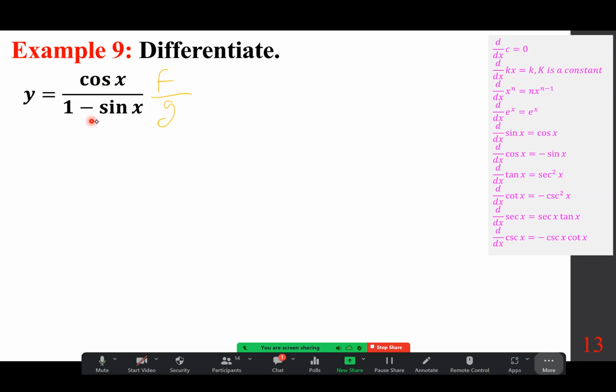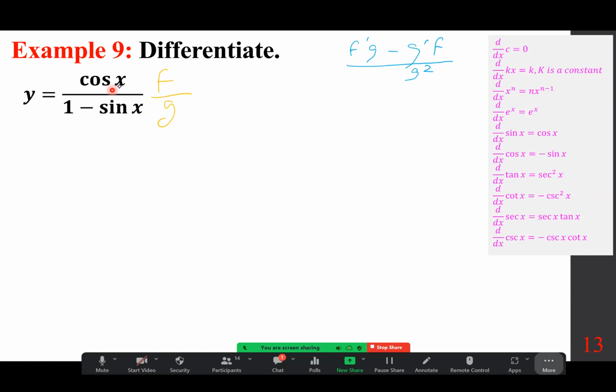And I'm going to remind you that the quotient rule is f prime g minus g prime f over g squared.